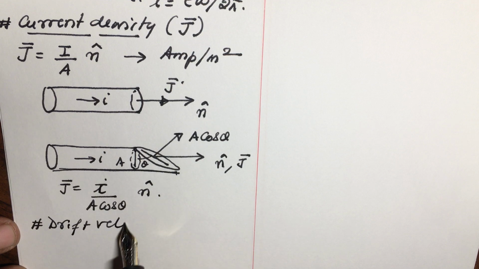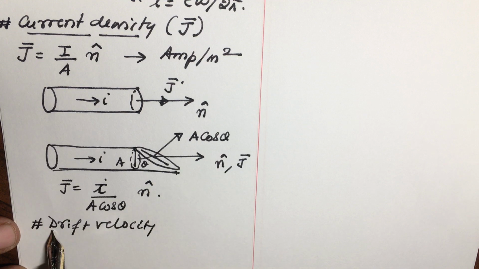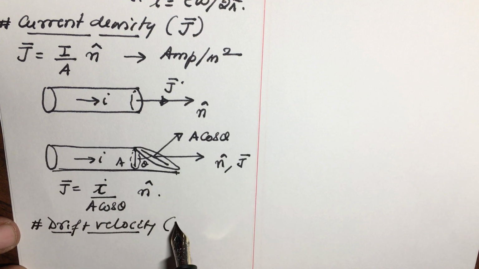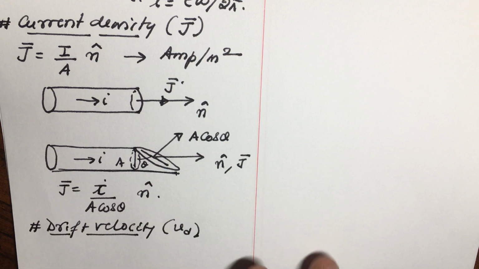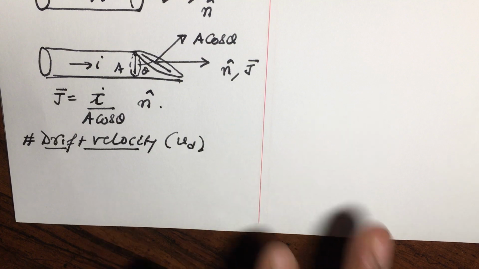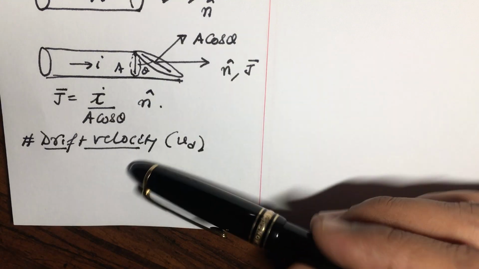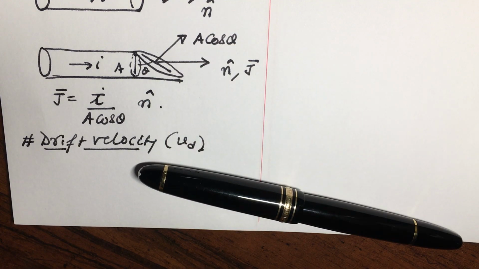Then we'll talk about drift velocity. Now we've had a discussion about this in great detail in our lower classes, but again, when you talk about a conductor, in a conductor, the charged particles, that is the free electrons, are in a state of random motion, and the speed of that random motion is about 10 to the 6 meter per second.